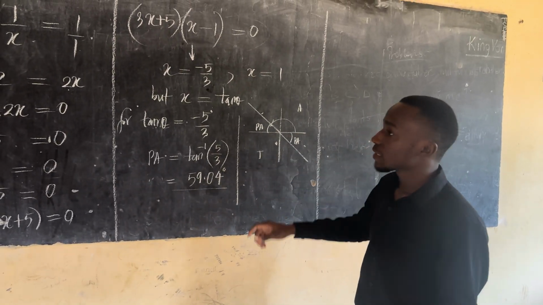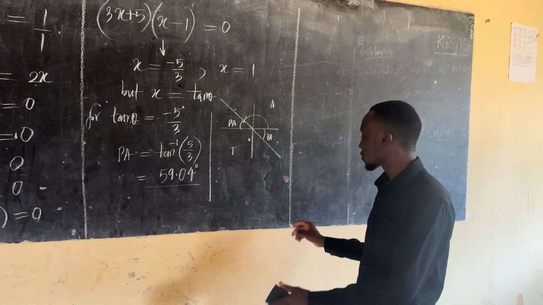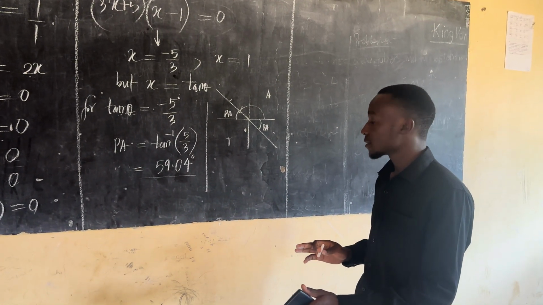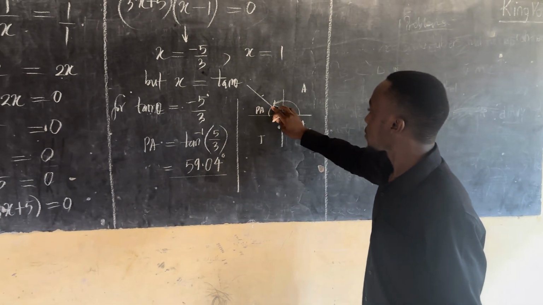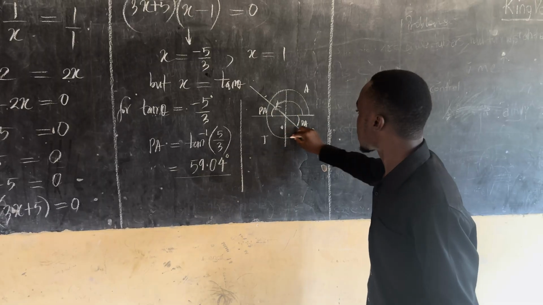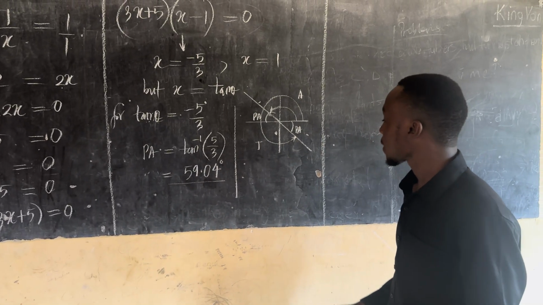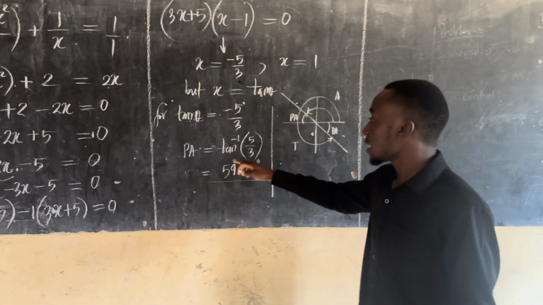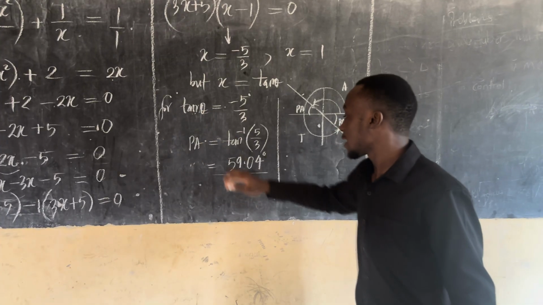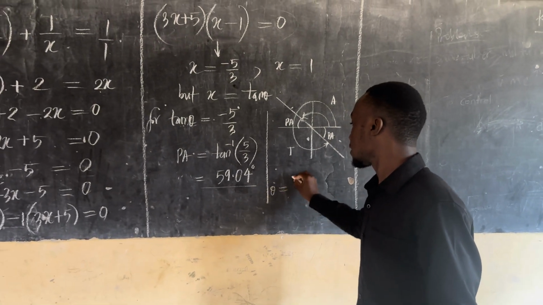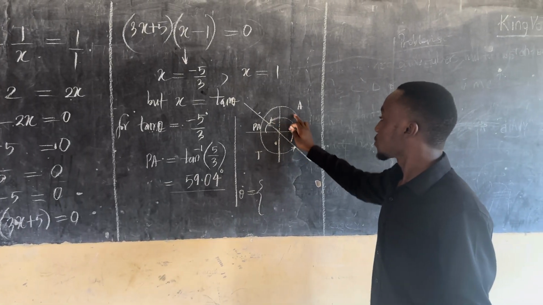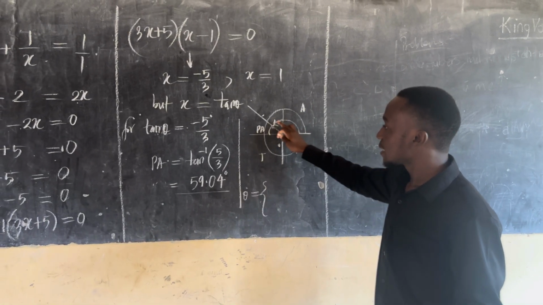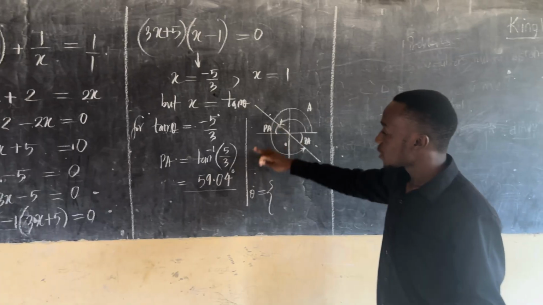So given that we are looking for positive angles between 0 and 360 degrees inclusive, this is our first solution, and the second solution is this one. So from this we shall get our theta as 180, but now 180 take off the principal angle.